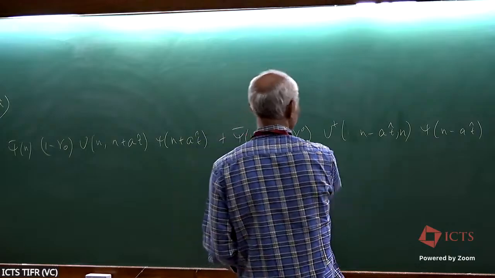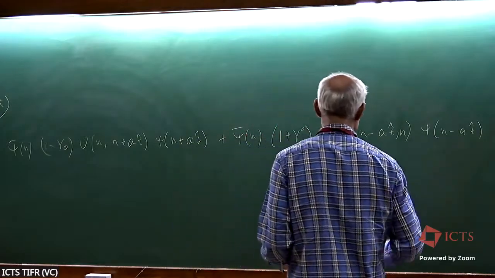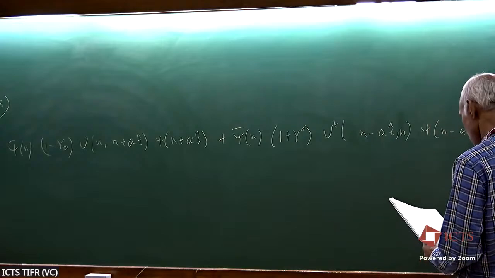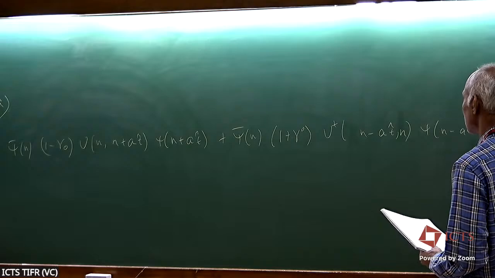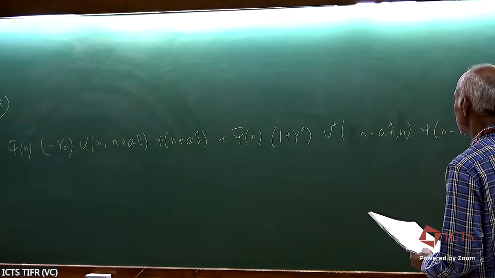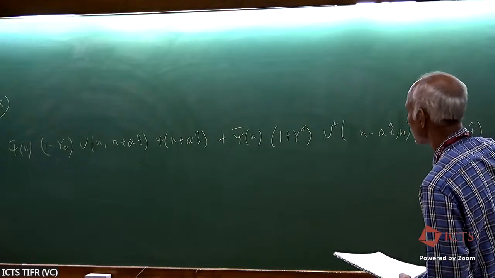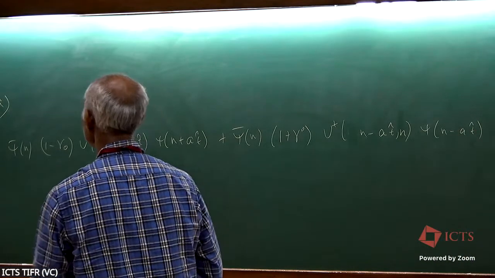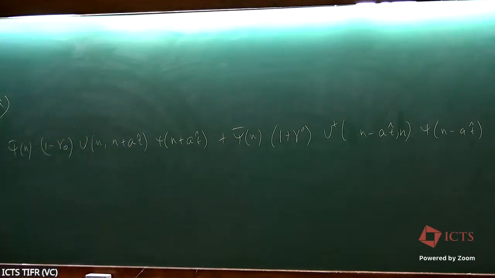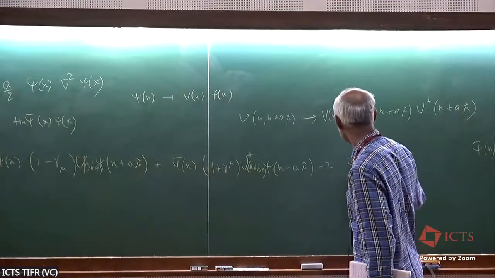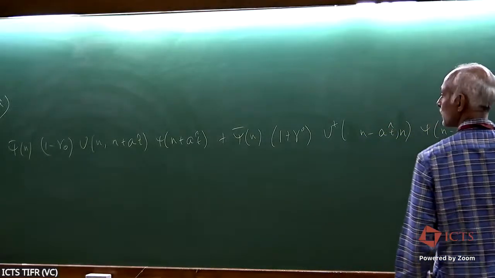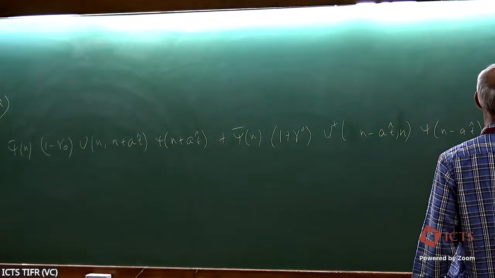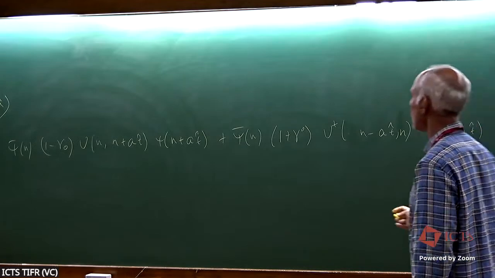You can, of course, quite easily figure out from these what will be the form of the rest. I took this whole thing, and I dropped this term, but let me add that minus 2.